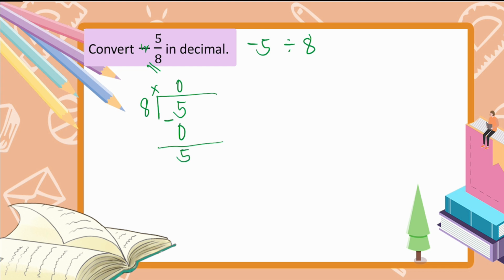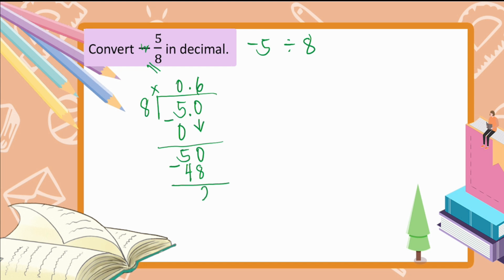Since meron tayong remainder, we have to add a decimal point here and here din sa taas. Then add 0 to bring down, so we will get 50. 50 divided by 8, we will get a 6. 6 times 8, we will get 48. Then subtract.